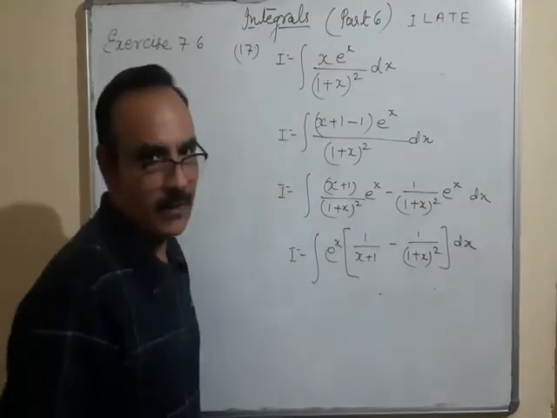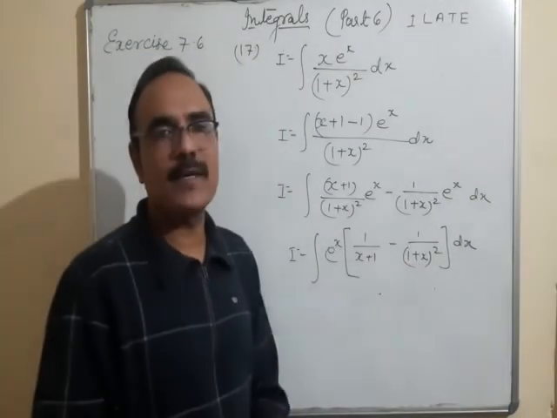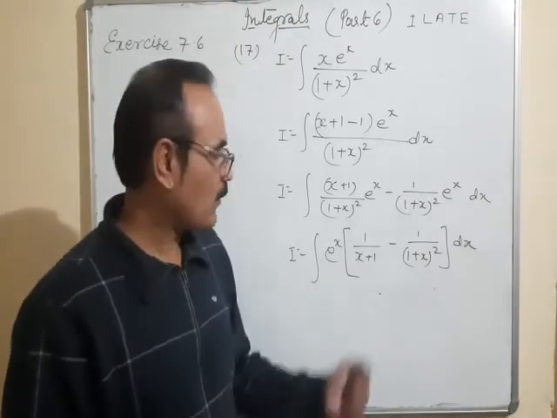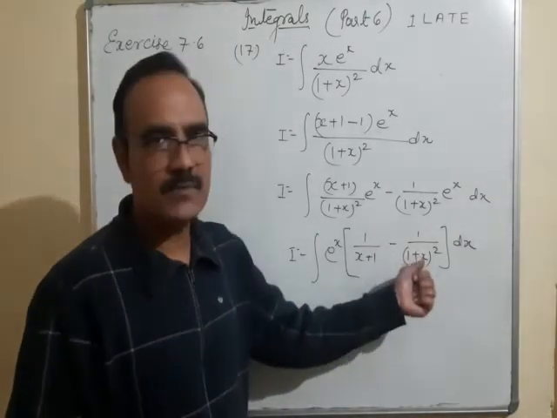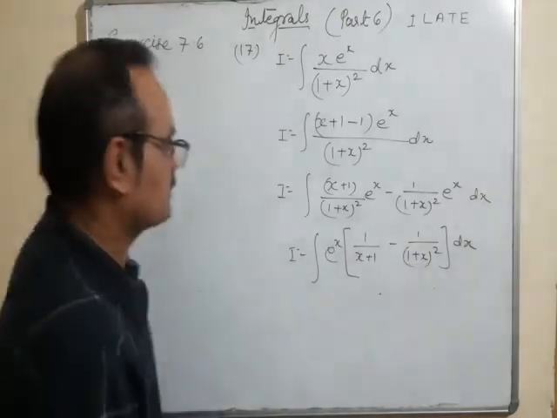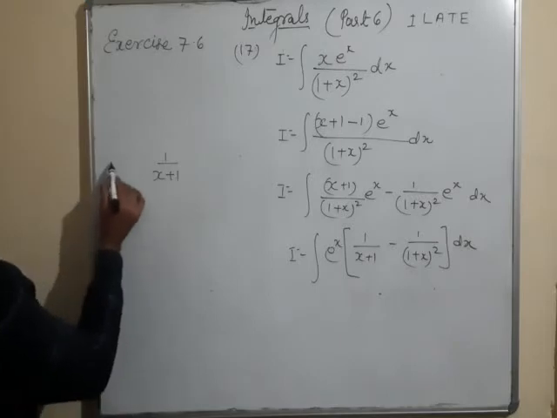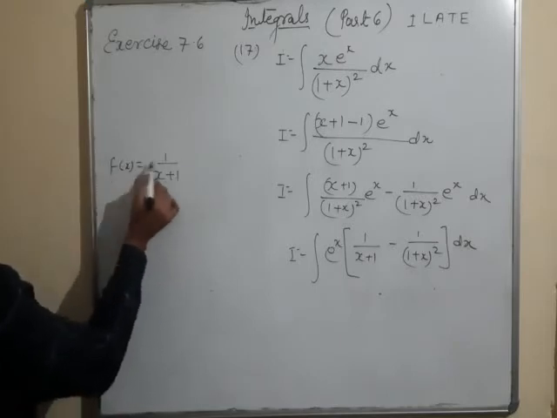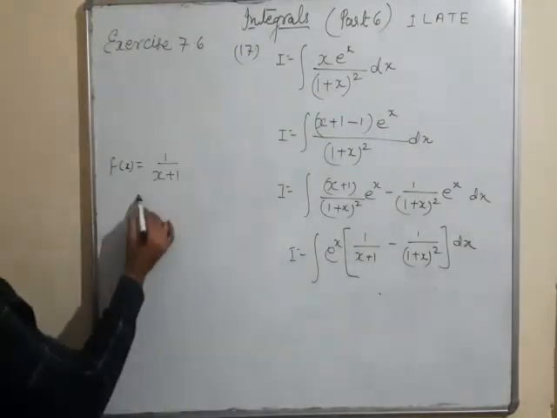Now let us see 1 upon x plus 1 and the second term is minus 1 upon (1 plus x) square. Now let us check whether this is a term that comes after differentiation, yes or no. Let f of x is equal to 1 upon x plus 1. Differentiate with respect to x.